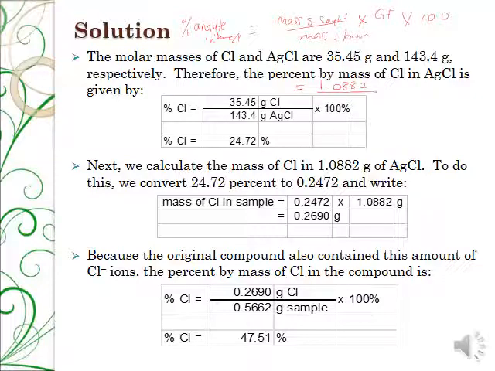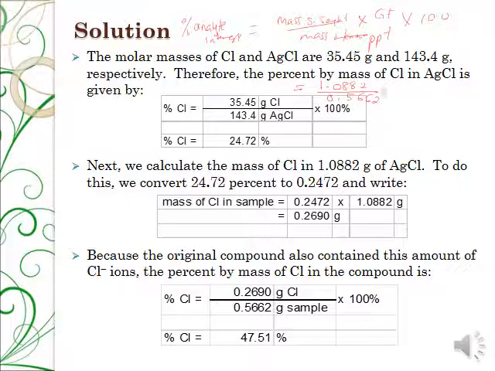The mass of substance known, which is the mass of precipitate, is 0.5662.